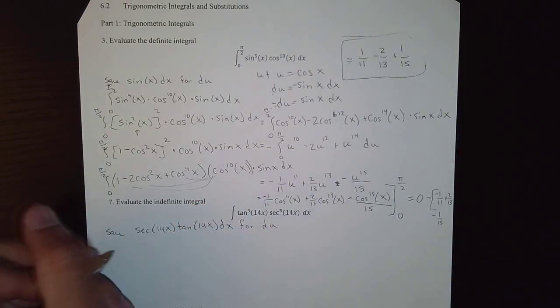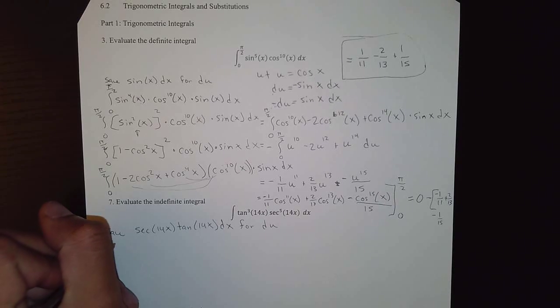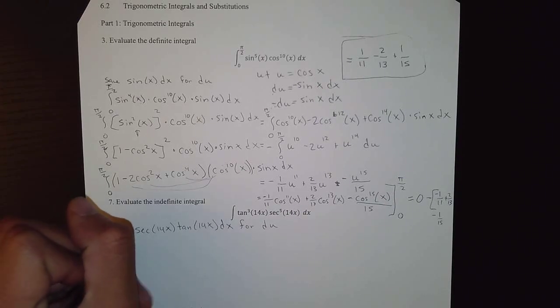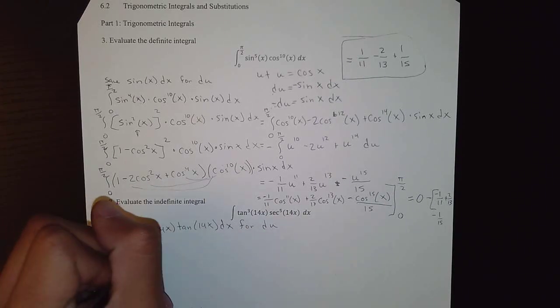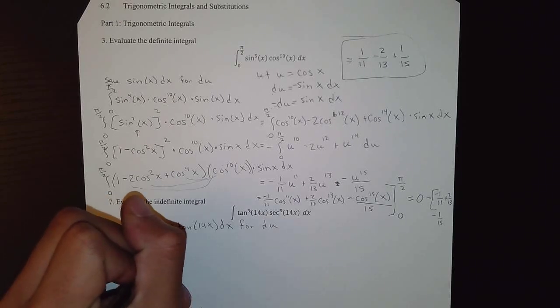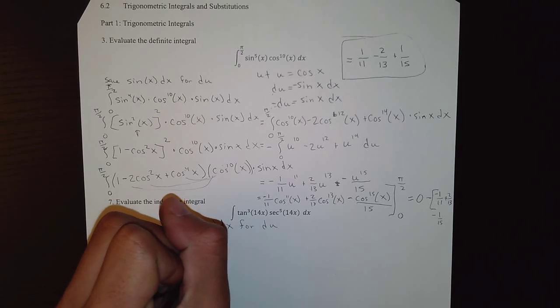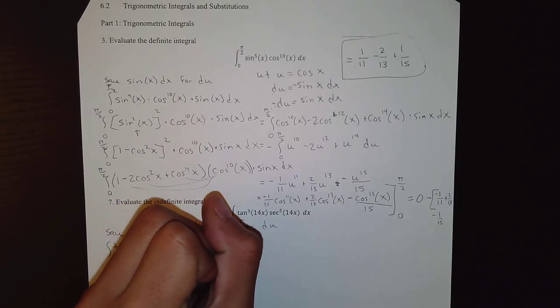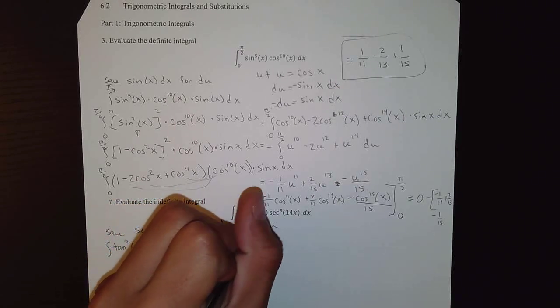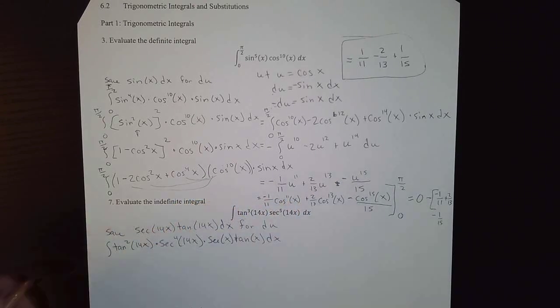When we do this, the integral becomes the integral of tangent squared of 14x times secant to the 4th power of 14x times secant x tangent x dx.